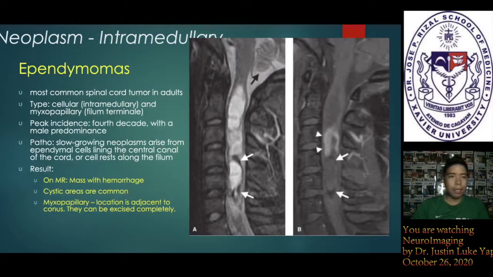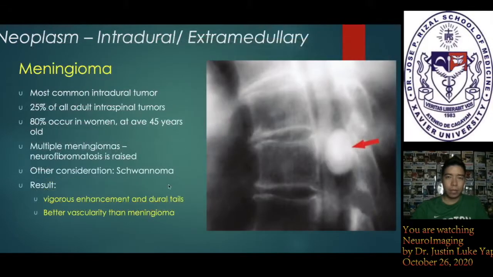So for ependymomas, this is the most common spinal cord tumor. As you can see, the signals are seen inside the spinal cord. So these lesions cannot be seen on CT scan. Then for extramedullary, our prototypical tumor is the meningioma.